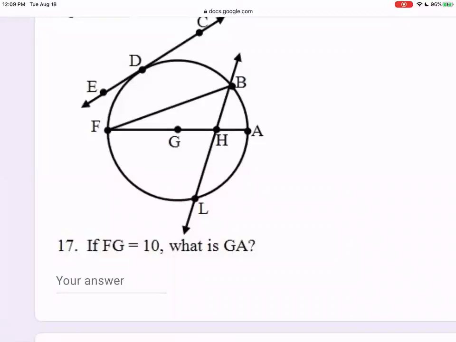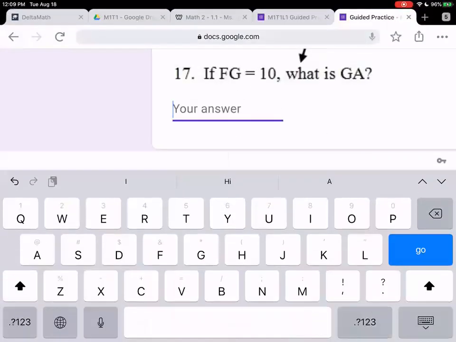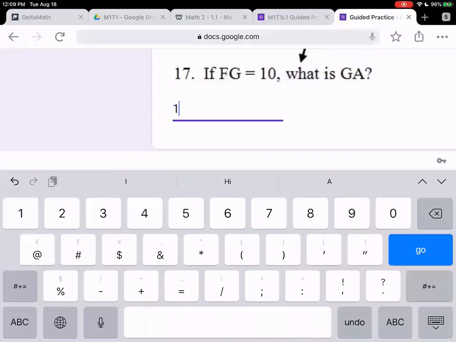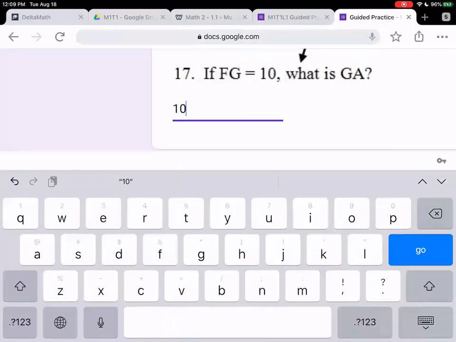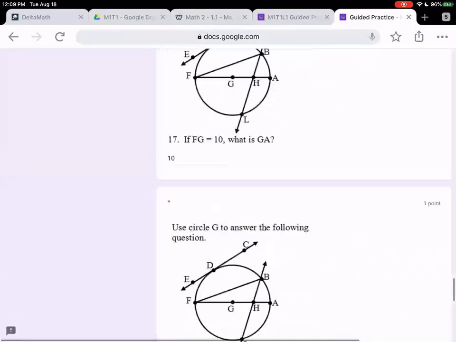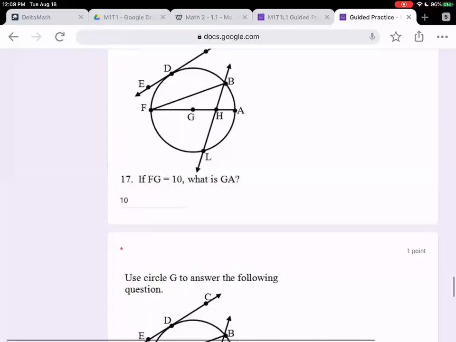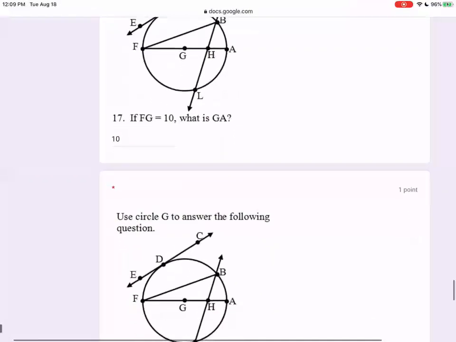So if they're both the radius, they both have to be 10. I think what you were thinking of when you said 5 was you thought FG was the diameter, right? But look at FG, where F is and where G is, that's a radius. So GA is also a radius. That means they're the same number. Okay, got it.